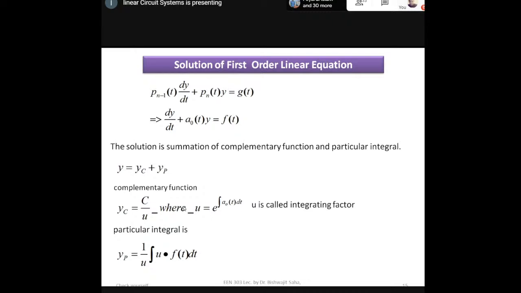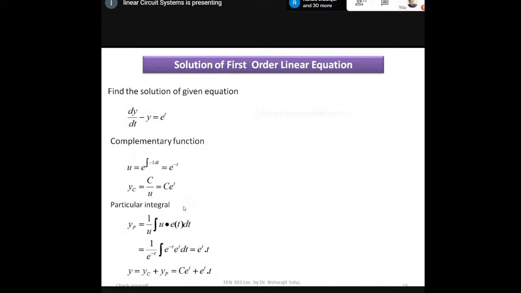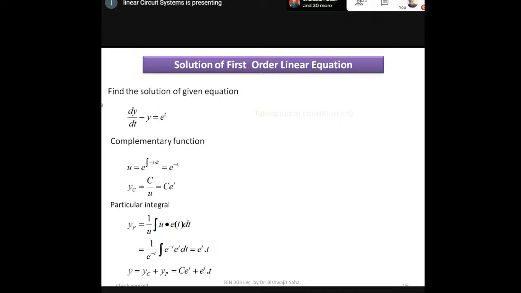So today we are going to study from slide number 16, in which an example has been given regarding the solution discussed in slide number 15. Look at this equation. Here there is minus y, but our equation was dy by dt plus a0 of t y equals f of t.